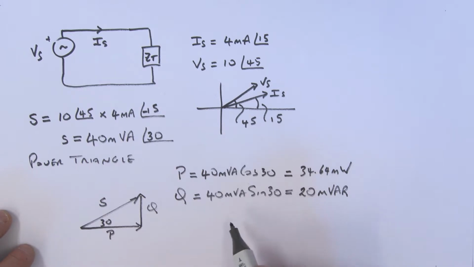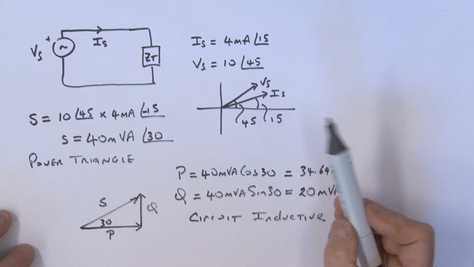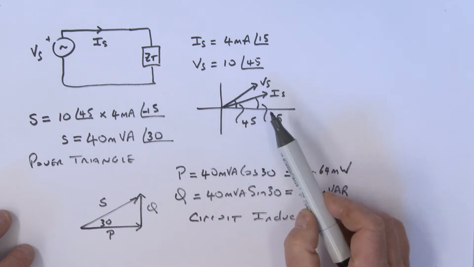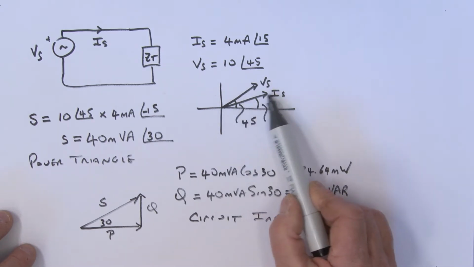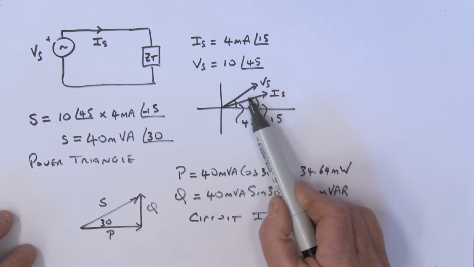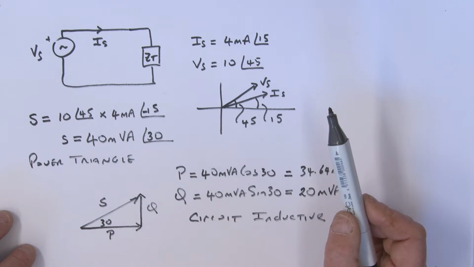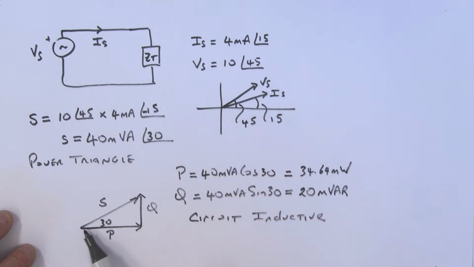Now, we can say that the circuit here is inductive. We can look at it two ways. We can say it's inductive because the current here is lagging the voltage, or we can say that the real power is lagging the apparent power.